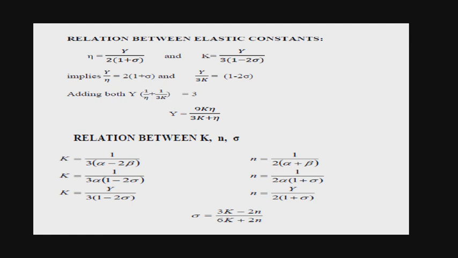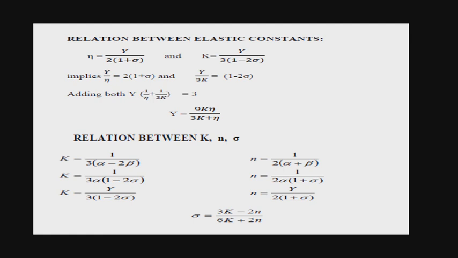Take LCM, that is 3K into eta, and 1 into 3K, 1 into eta, and rearrange the terms, that is Y is equal to 9K eta divided by 3K plus eta.